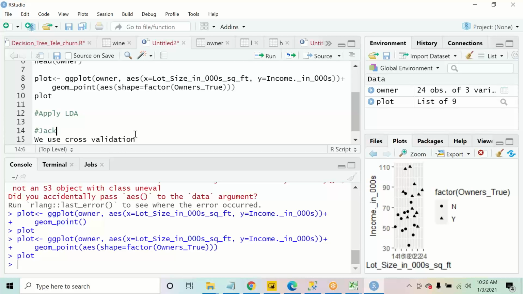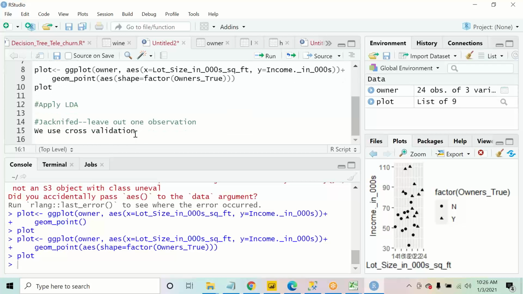Okay, we use the name jackknife approach. Jackknife approach means we leave out one observation, and then, using the rest of the observations, we predict the outcome for that observation. So we are using the rest of the data to predict the outcome for each of the rows. Getting the point?